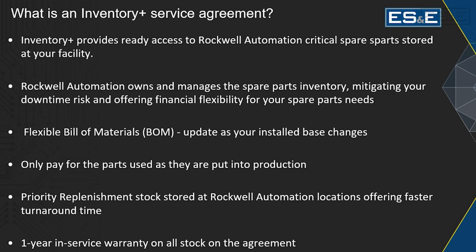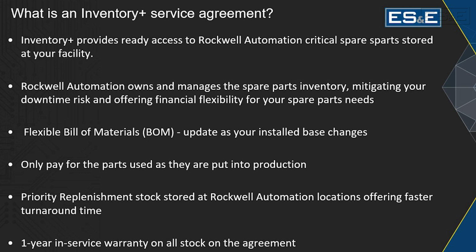Before, if you had to put an asset into production, you have to replenish that stock, your parts management stock. So it would go through the replenishment process. And as a part of that, sometimes the lead times might be lengthy to get that part back into the PMA or into the stock.